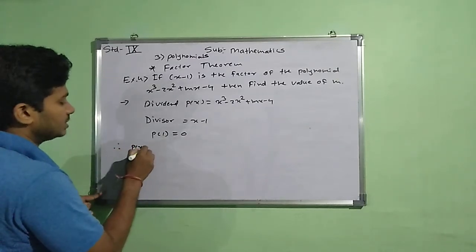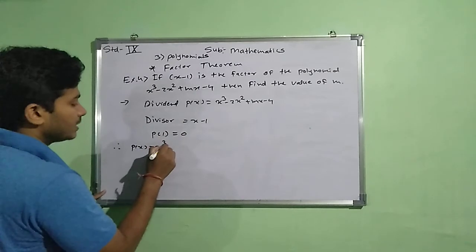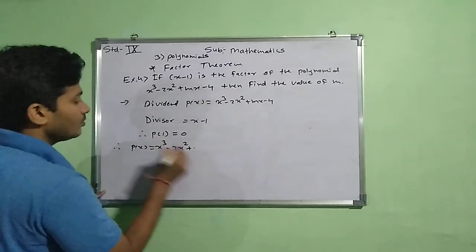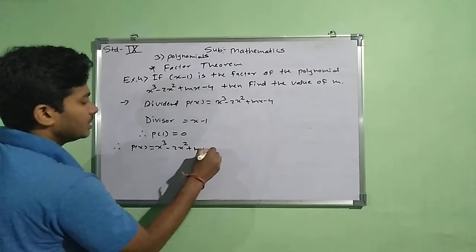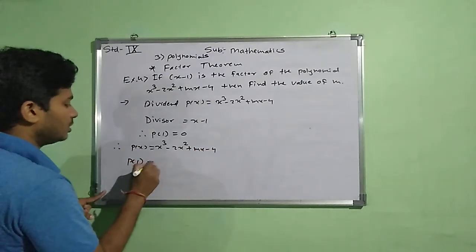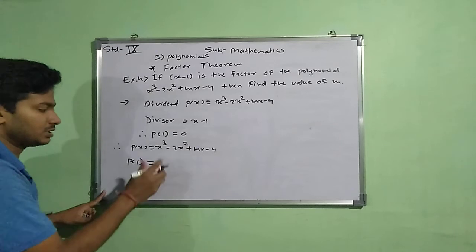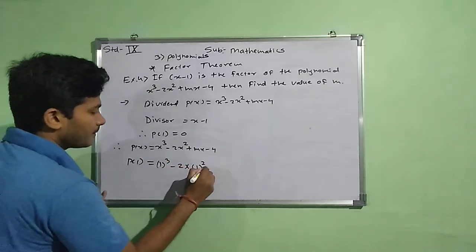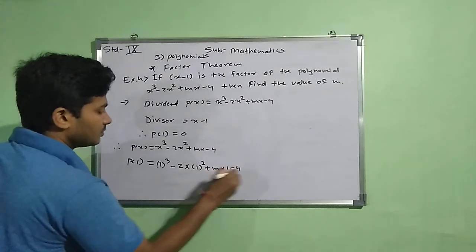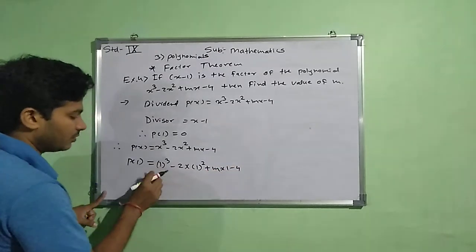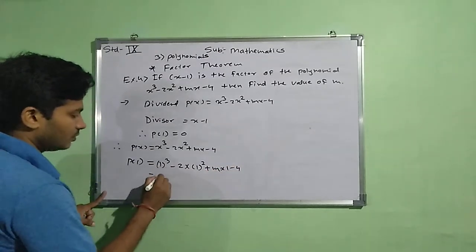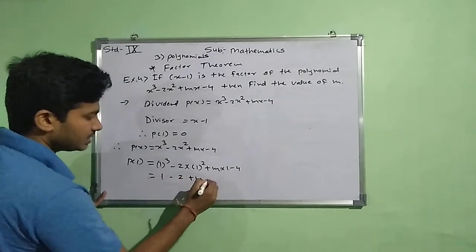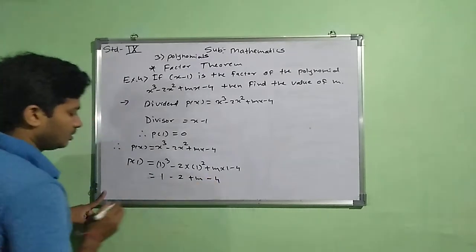Our polynomial p of x is x cube minus 2x square plus mx minus 4. Now we will substitute p of 1. Wherever we see x, we substitute 1: 1 cube minus 2 into 1 square plus m into 1 minus 4, which is cube of 1 minus 2 plus m minus 4.